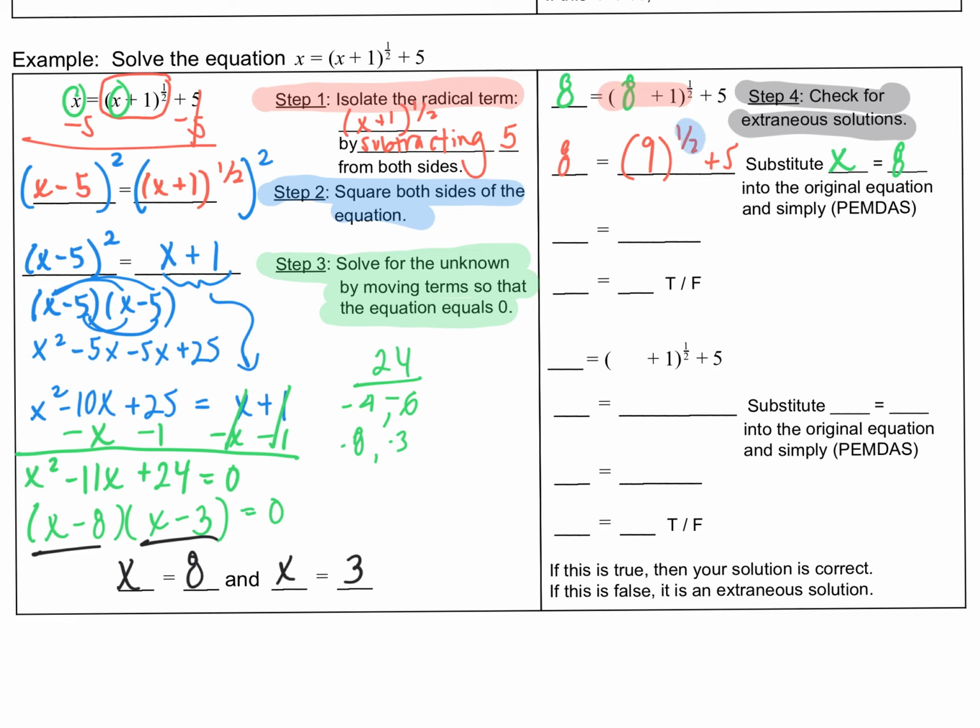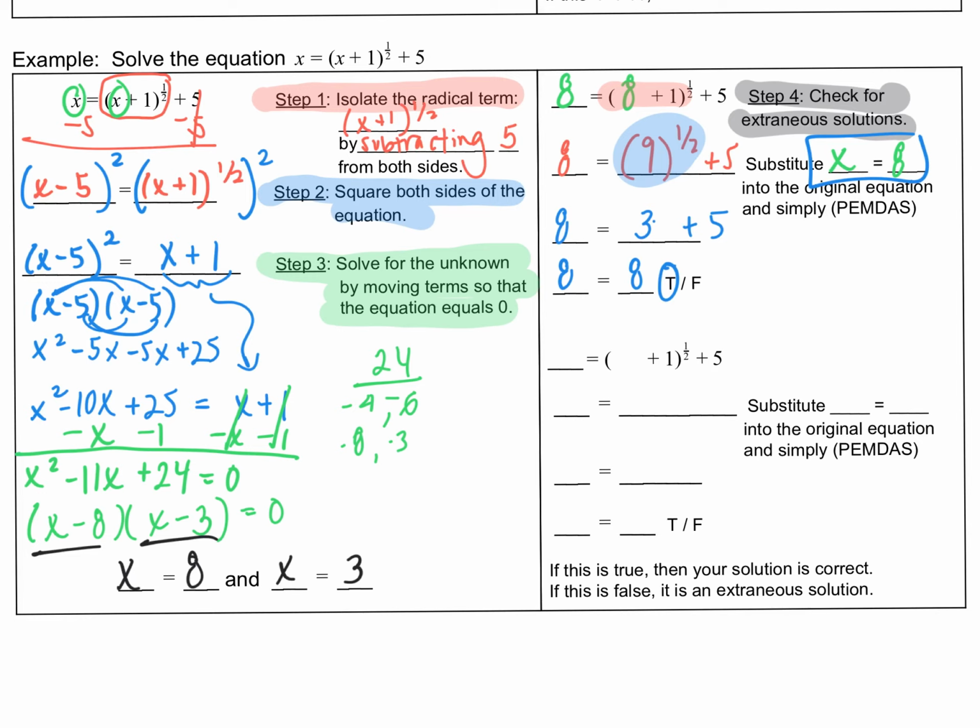A 1/2 power is the same as a square root, so we're going to have 8 equals, the square root of 9 is 3, and then plus 5. 8 is equal to 3 plus 5, 8. This is true. So the thing I checked was x equals 8, so x equals 8 is indeed a solution. We do still need to check the other one. We do have to check both.